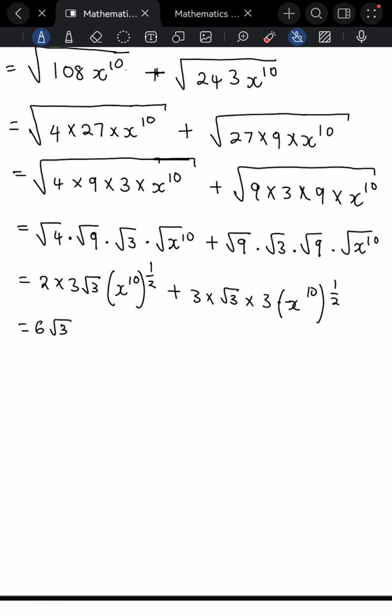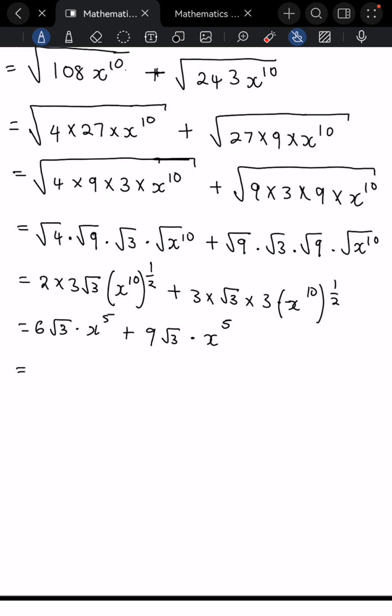Multiplied by x to the power of 5, plus 3 times 3 is 9 square root of 3 times x raised to the power of 5. From this we can see that x raised to the power of 5 and x raised to the power of 5 are like terms.